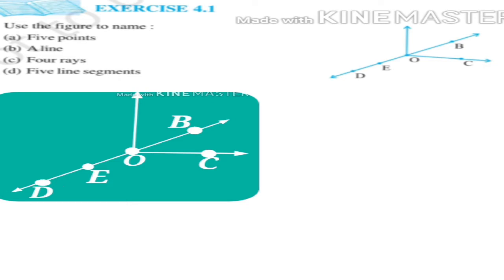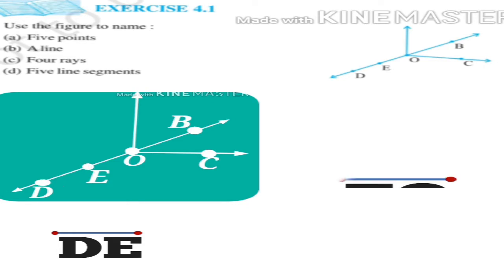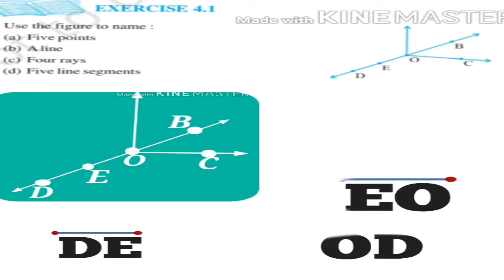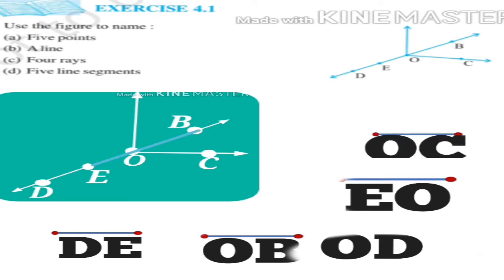So here we have first line segment DE, second line segment EO, third line segment OD, OC. You can also take OB, EB as you wish. These are your line segments having 2 endpoints, one starting and one ending point.